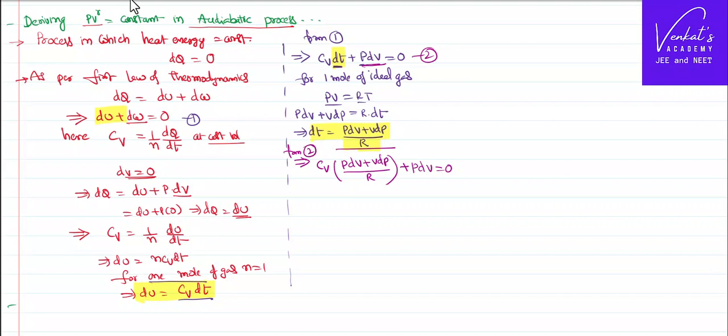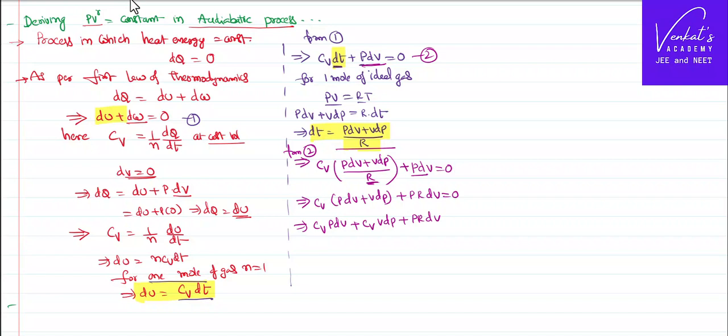Now let us multiply the entire equation with R. Then Cv of PdV plus VdP plus P, the R will come to this side as we are multiplying with R. Here R got cancelled. Here R comes, equal to 0.